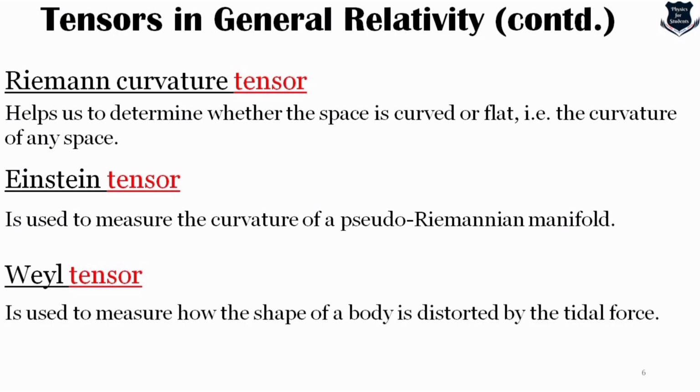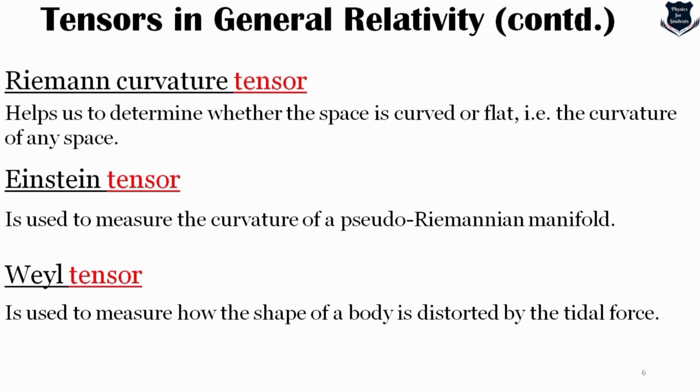Weyl tensor: the mathematics are a little bit complicated, so we are not going to go much into what is called a Weyl tensor. A Weyl tensor is basically a tensor named after Hermann Weyl, a measure of curvature of space-time, or more generally a pseudo-Riemannian manifold.